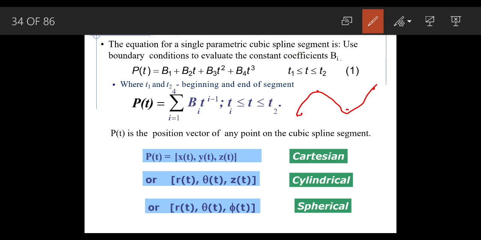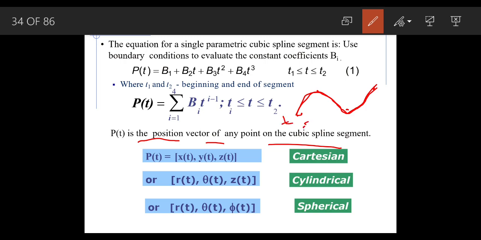Now use boundary conditions to evaluate the constant coefficients. There are 4 control points, and we represent P(t) as the position vector of any point on the cubic spline segment. So on this segment P(t) is any position vector.